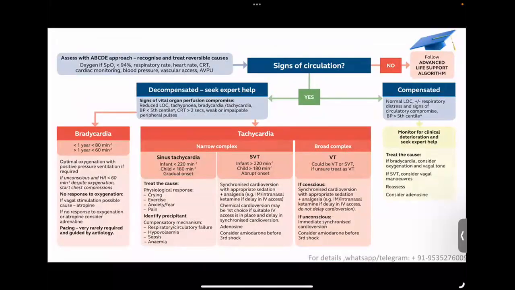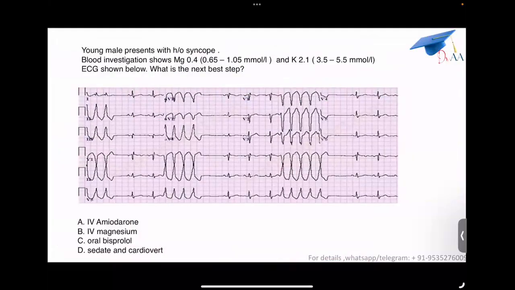There is polymorphic VT with life-threatening features. The kid is decompensated, so immediate synchronized cardioversion. A couple of questions back it was 4 joules per kg. In cardiac arrest, it's 4 joules per kg. When the patient is not in cardiac arrest, it's 1 joule per kg.